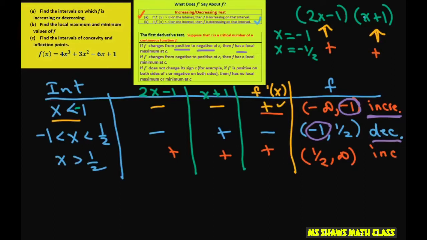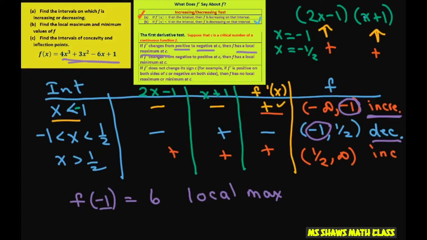That means it has a local maximum. So f of negative 1, and I already plugged it in for you, when you plug in negative 1, you get 6. That means you're going to have a local max at negative 1.